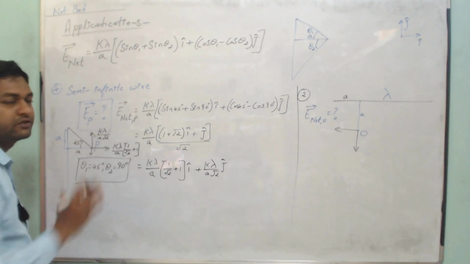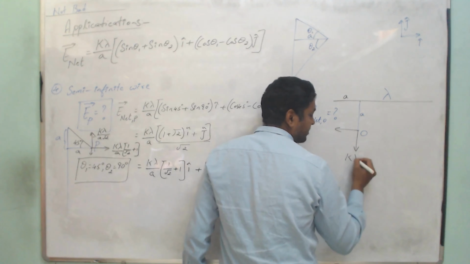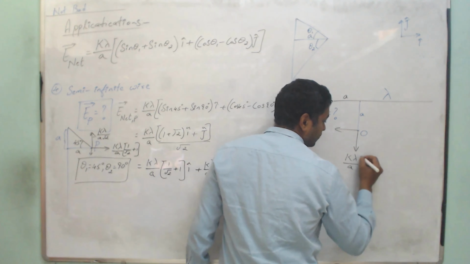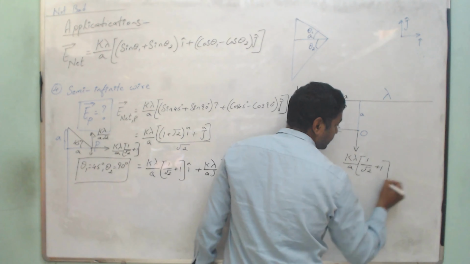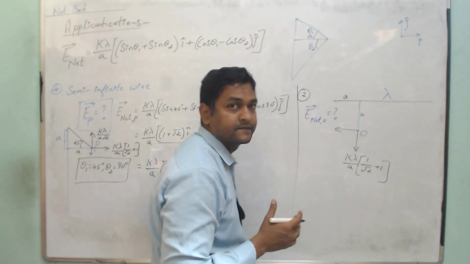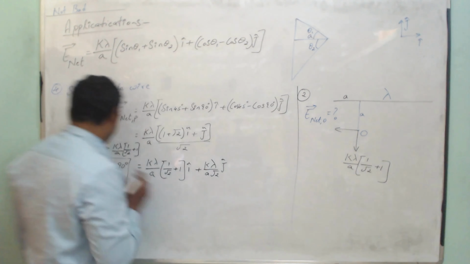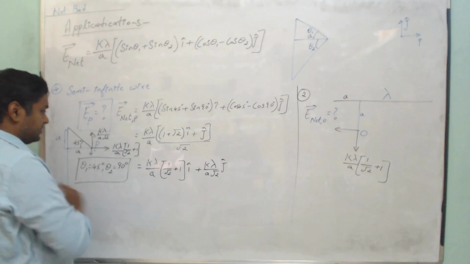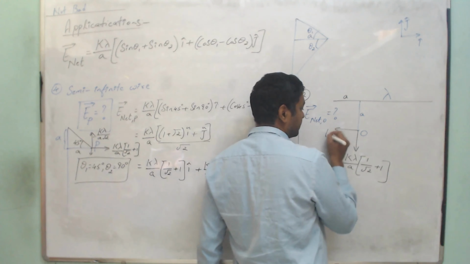So away from the wire, I have this. That means I'll write k lambda by a into (1 by root 2 plus 1) for the downward direction, minus I cap. Oh, sorry, minus j cap. And parallel to the wire is k lambda by a root 2.